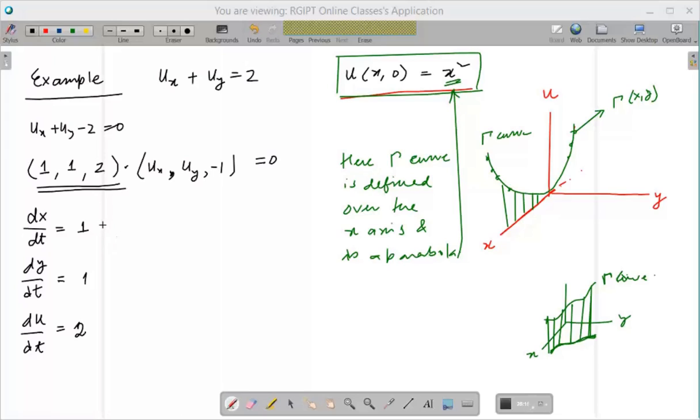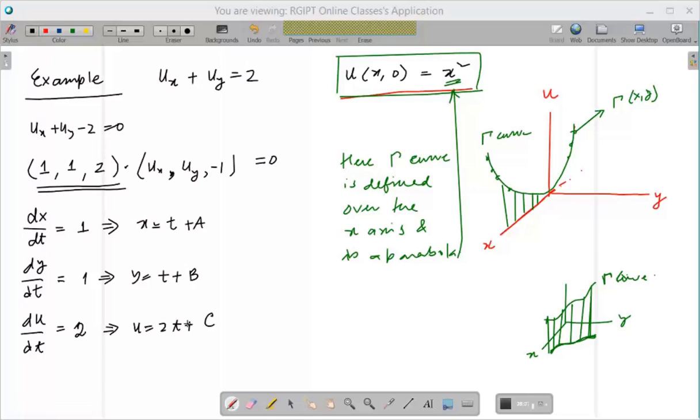So what does that mean? If I solve this, I'm going to get x equal to t plus some unknown constant a. This is going to give me y equals t plus some unknown constant b, and u will be equal to 2t plus some unknown constant c.